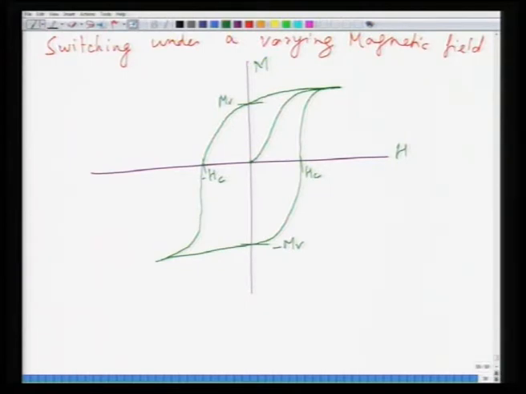And when you again bring the field back to 0, you again have a similar state as you had at plus Mr, now as minus Mr, and this cycle continues. This is called a magnetic hysteresis curve, or a ferromagnetic hysteresis curve to be precise.